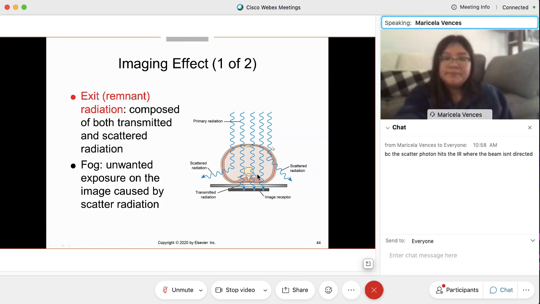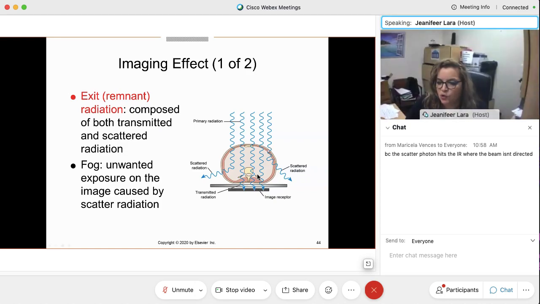Perfect. So if this was tissue that was going to attenuate this energy differently, if this photon was attenuated differently, say it ran into a tumor versus a lung, it is going to project or give a certain energy difference as opposed to the surrounding tissue.